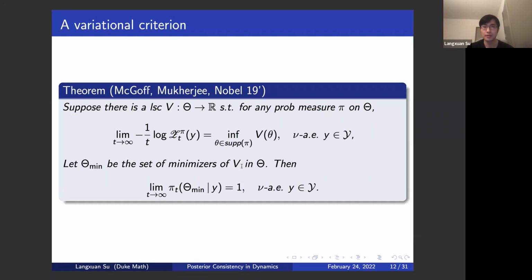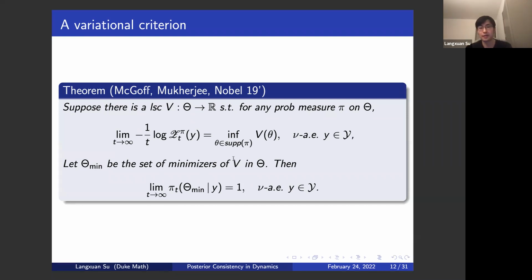So the key point here is that if one can prove this asymptotic characterization on the exponential scale for the partition function, then one obtains posterior convergence, and one can characterize the limiting posterior as concentrating on the minimizers of the v you just found.